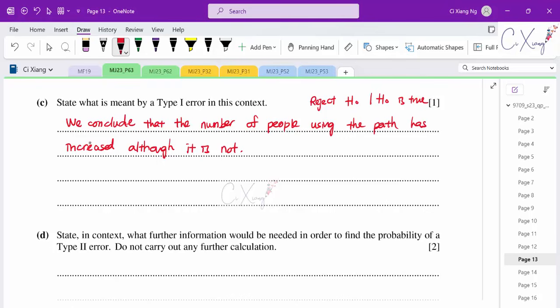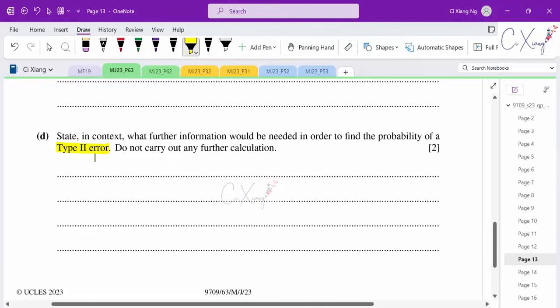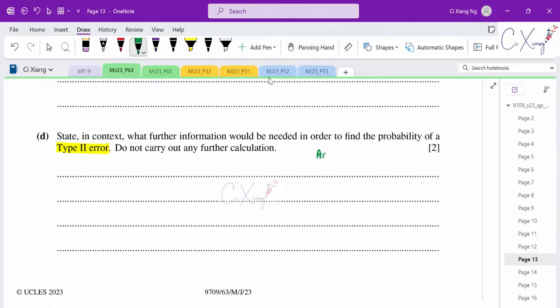And after that, for part D, they are asking what further information is needed to find the probability of a type 2 error. So they actually do not want us to carry out the test or the calculation. For type 2 error, the definition is we accept the null hypothesis when the null hypothesis is false.